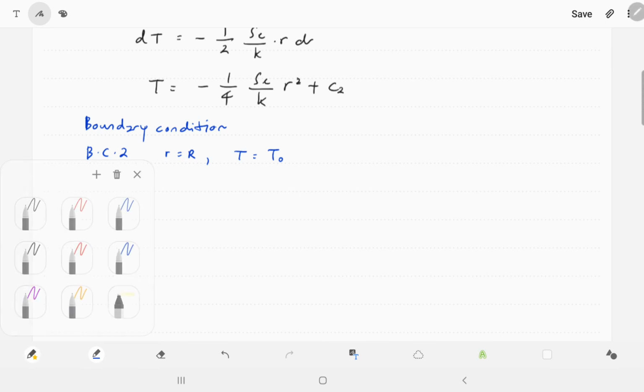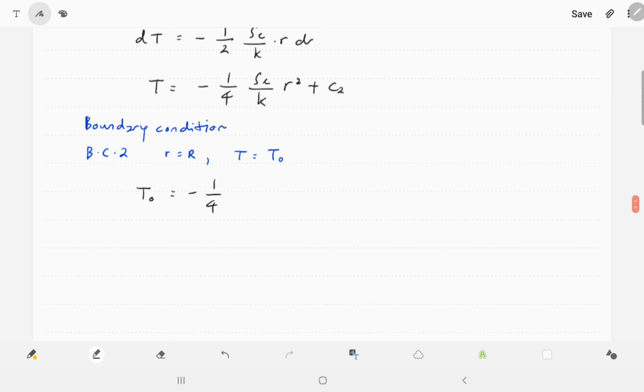If this is the case, then what we do is we substitute this value. T0 is equal to 1 divided by 4 times S_e over k times R squared plus C2, and so your C2 will be equal to S_e R squared over 4k plus T0.